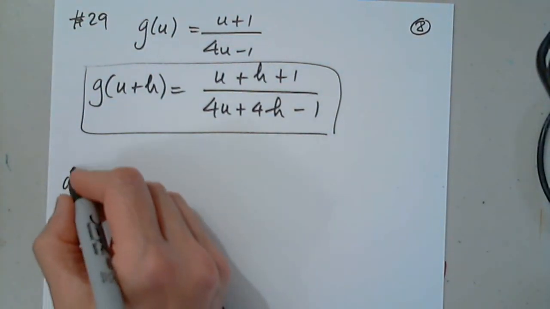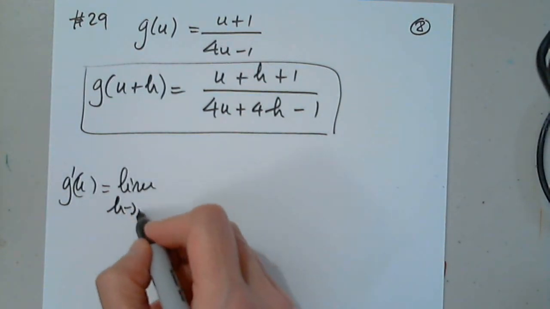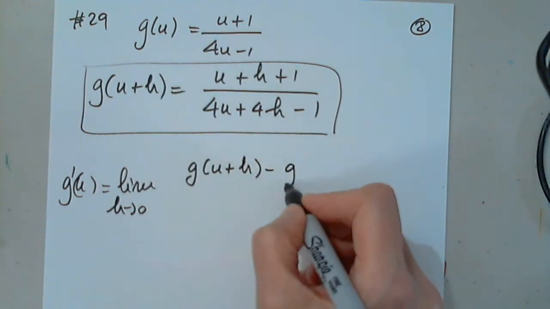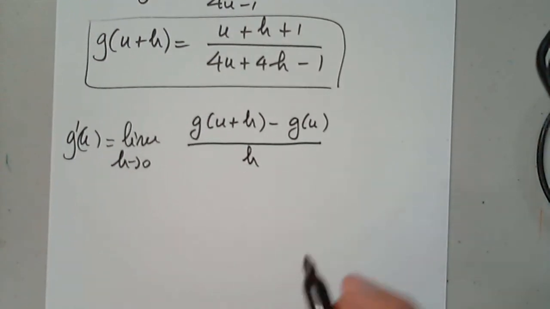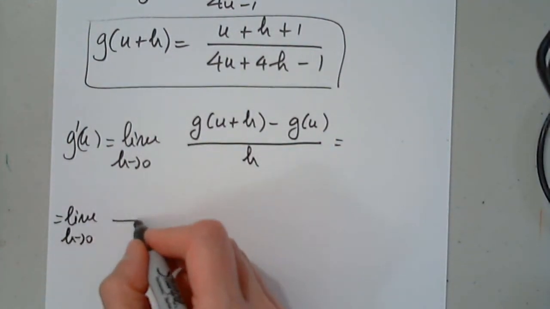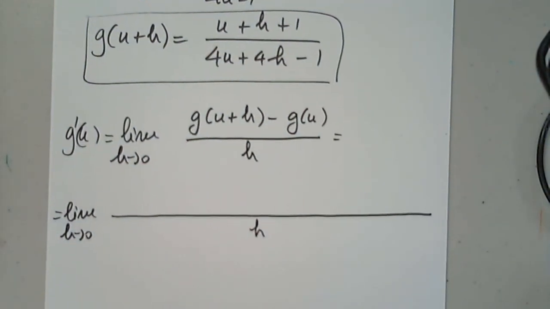So g prime of u equals the limit as h approaches 0, and I have to write it: g of u plus h minus g of u divided by h, so there is no mistake. I'm running out of time, so no excuse.